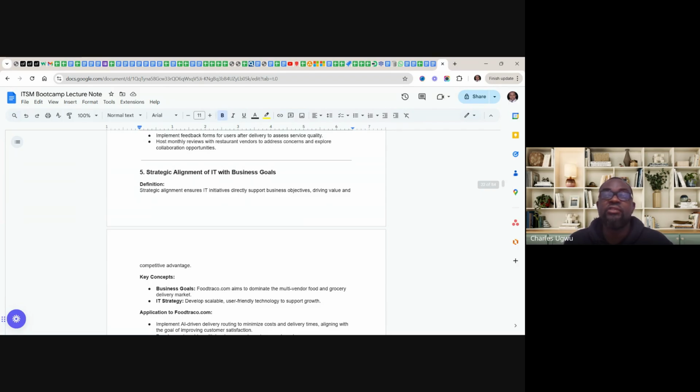IT initiatives must sync with the organization's strategic objectives. It must sync. Everything we do must deliver value. There must be a good return on investment. Even a single IT asset we procure, we must make sure that it has good value.